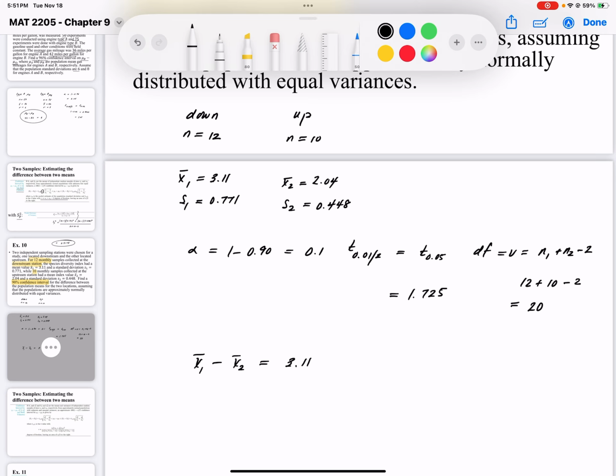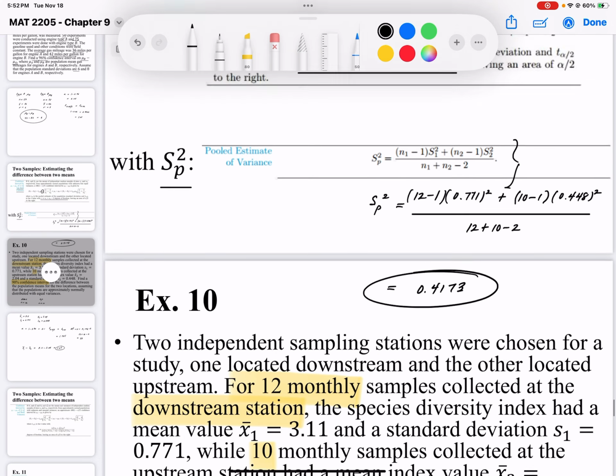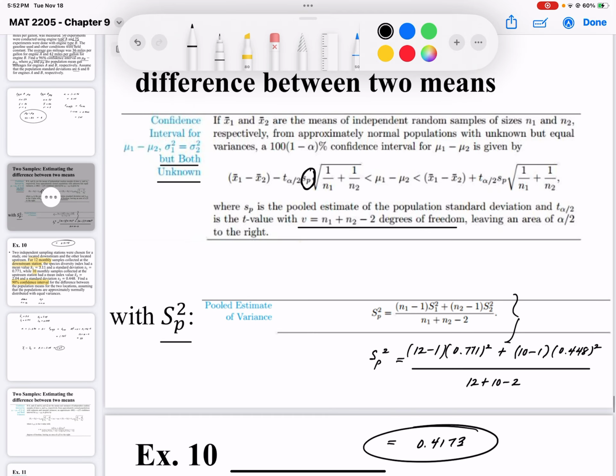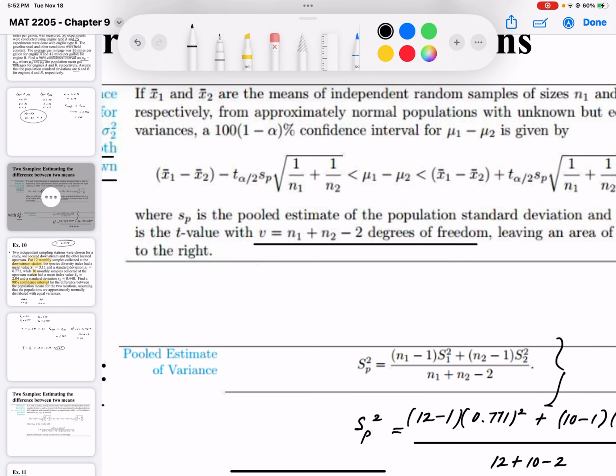So 3.11 minus 2.04, what is that? 1.07. Now, I keep jumping back and forth because I need the formulas. I don't know what they are. But you have everything in front of you. So I'm plugging into this formula exactly. I just found this, 1.07.